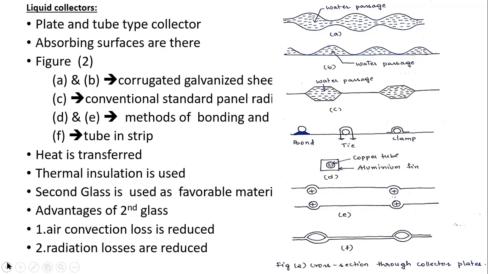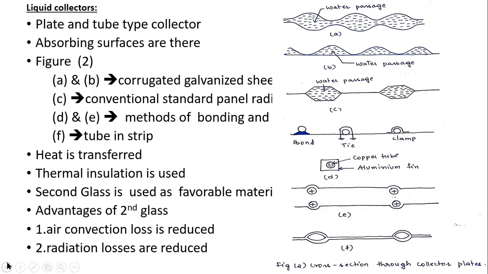So the glass cover acts as a convection shield, and it reduces the losses from the absorber plate from beneath.